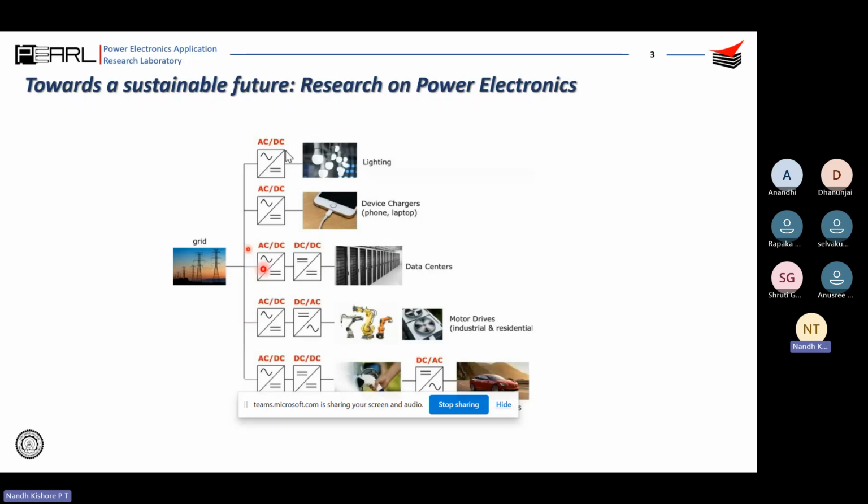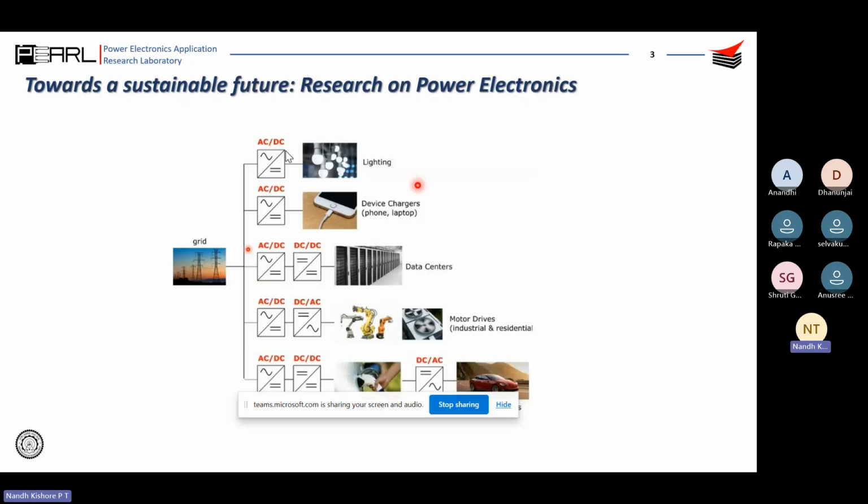So 230 volt 50 hertz is converted into a DC, and then you charge up the car battery. Okay. Again, the charging can be wireless or wired, and you have a lot of categories in that as well, right? So these are just a few applications, and you have even more, right? You have UPS applications and so on.